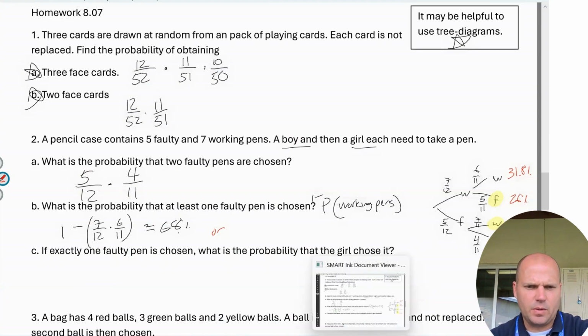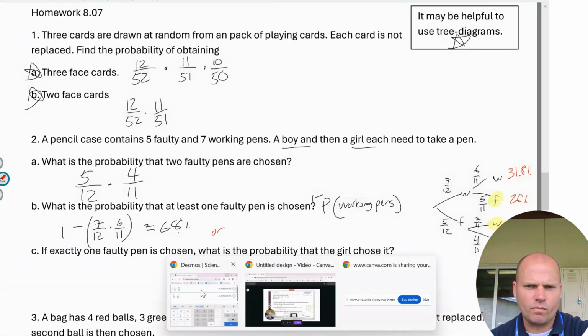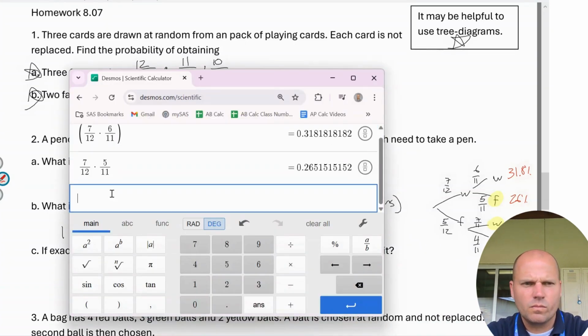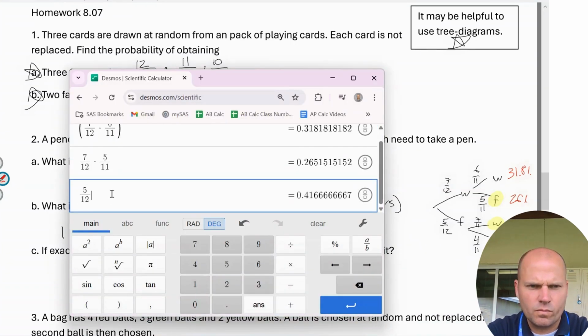Oh, we find those really quickly. Should probably put the decimals in there.